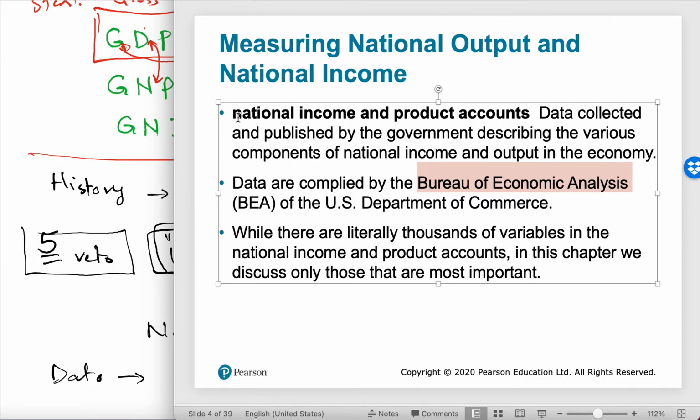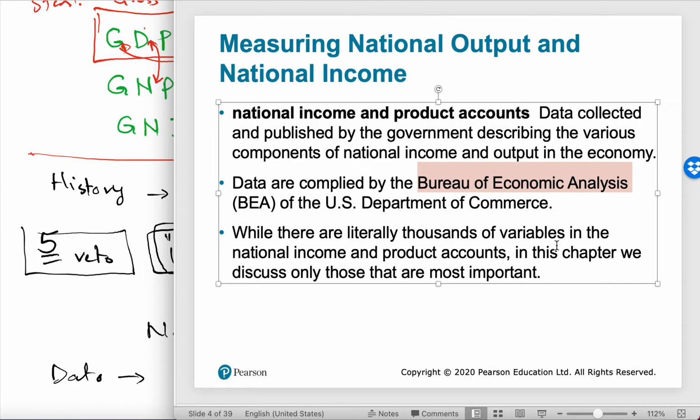And so national income or national product accounts, it's a way that we collect the data with a view to capture the overall performance of an economy. And there are literally thousands of variables used to measure the aggregate output, namely GDP or GNP.